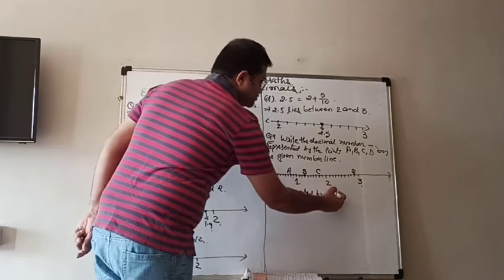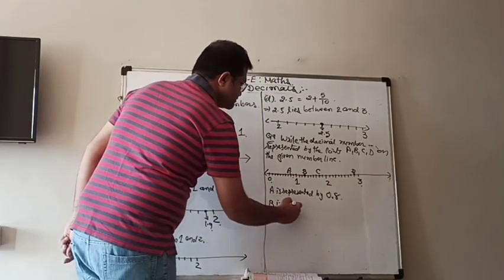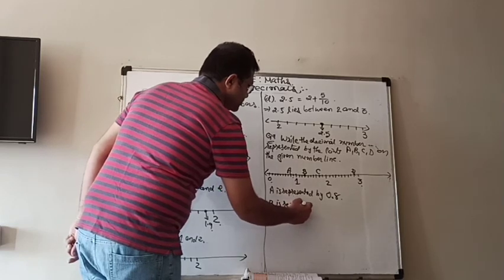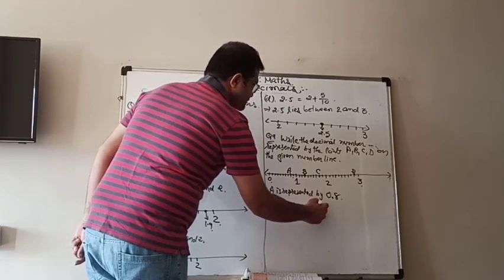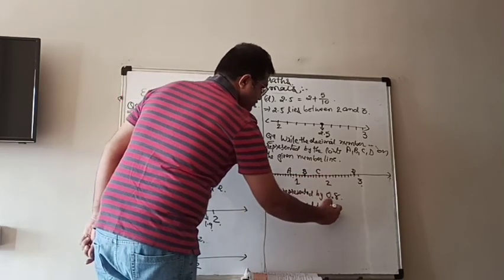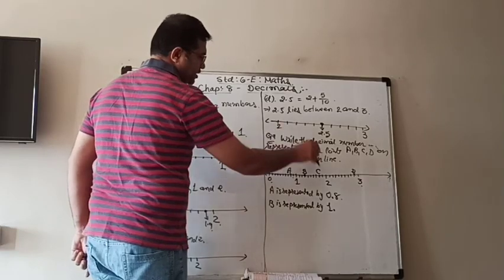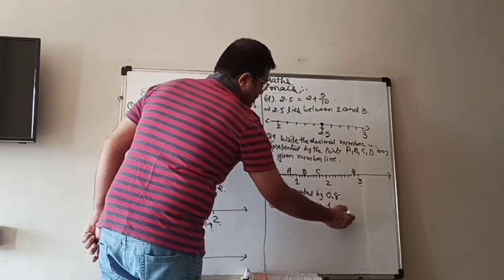So it is 0.8. Now B. B is between 1 and 2, so it must be 1 point something. 1 point how many? First, second and third. So it is represented by 1.3.